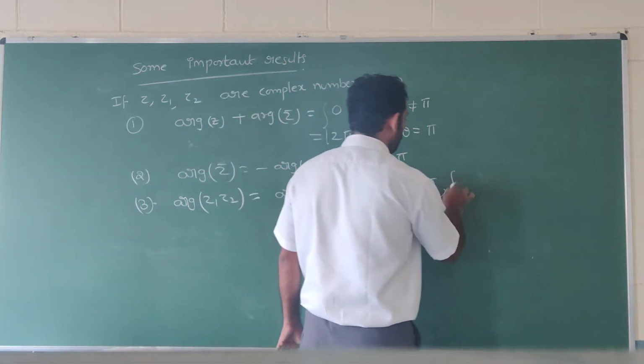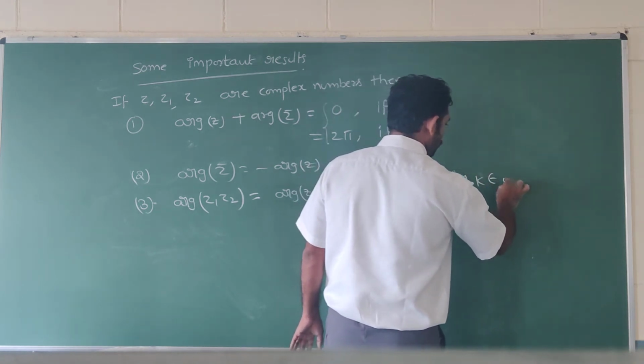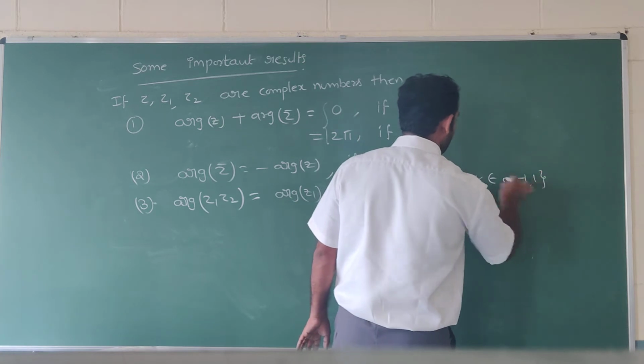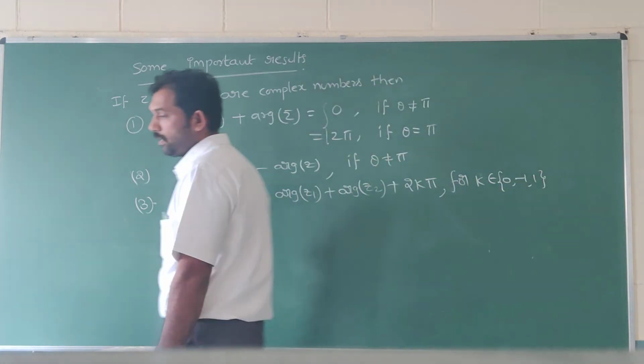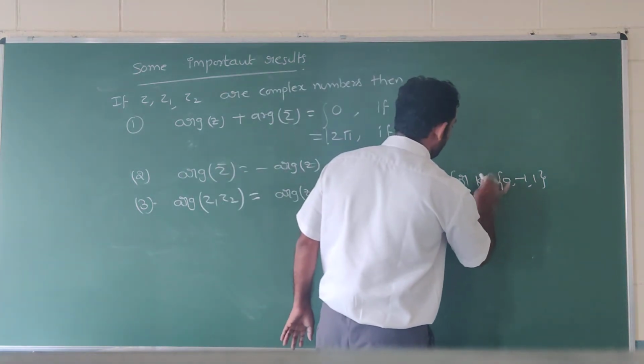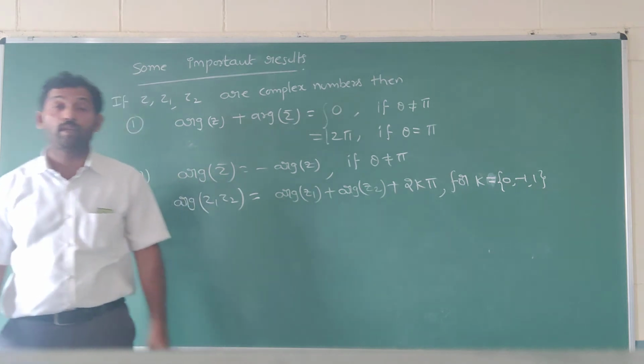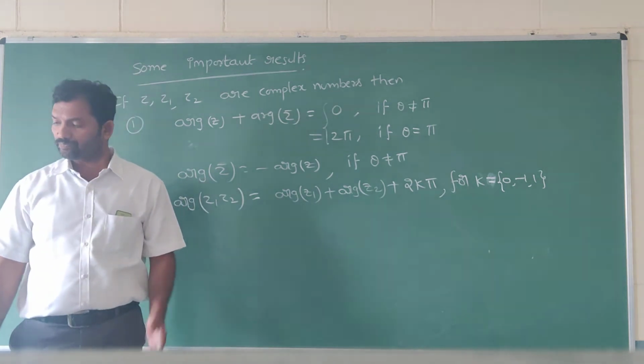For k belongs to 0, minus 1, plus 1, you have to take those values. For some k, you have to take those values. For k equal to 0, minus 1, plus 1.